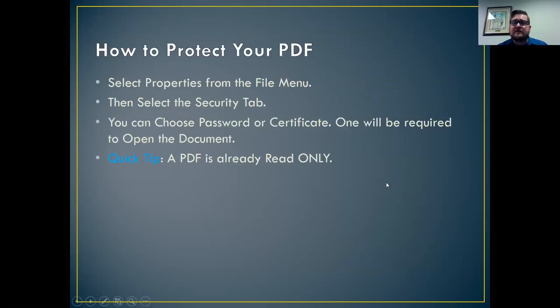Now, I would recommend when you are converting from Word to PDF the first time, always try to save a Word version of the document, just so you don't have to do this whole step of converting it back. It takes time. It's another step to your process.